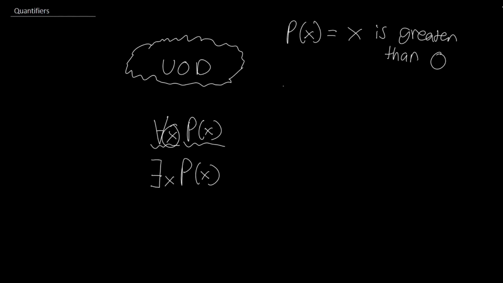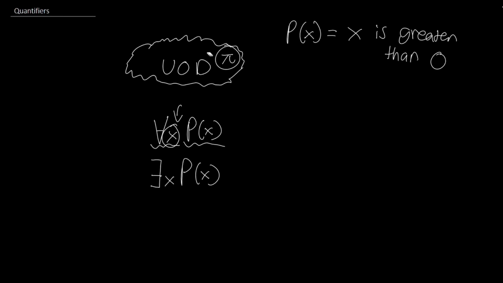So if our warehouse is filled with positive numbers like 1, 2, or pi or something like that, then this statement is of course true, because if you pick any mathematical object x from the universe of discourse, then it's all going to be greater than 0 because it's filled with positive numbers.